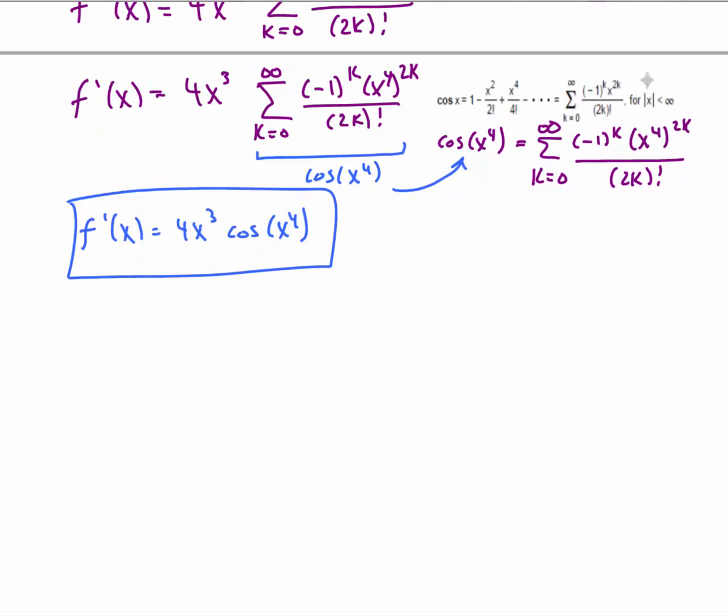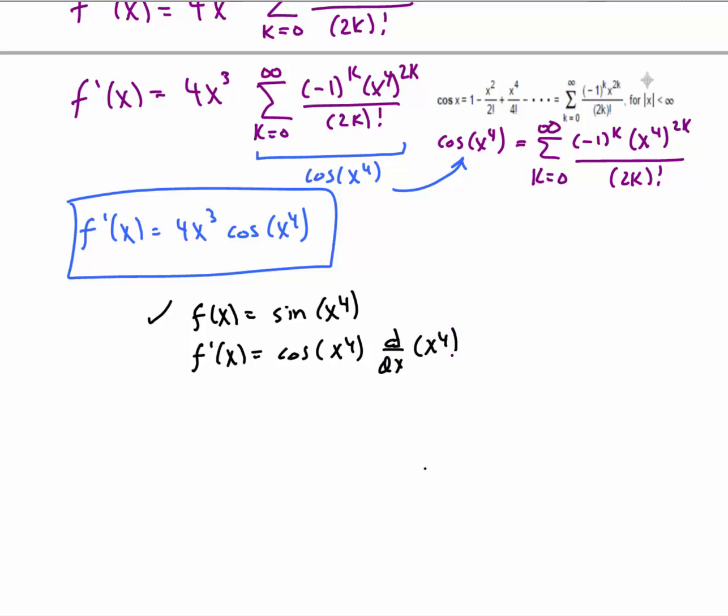That's using series. Now we can check this real quick as well because we have other ways of finding derivatives. Our original function f of x was sine x to the fourth. F prime of x would be the derivative of the sine of x, which is the cosine of the argument. So the cosine of u times the derivative of u, or the derivative of the argument.